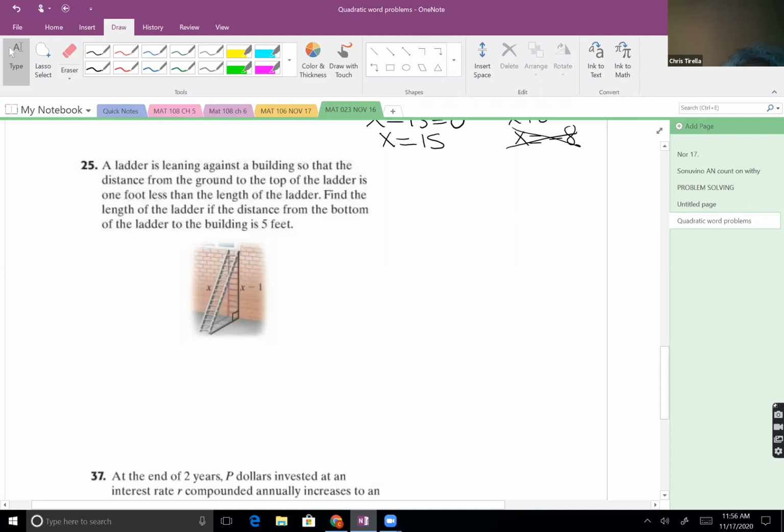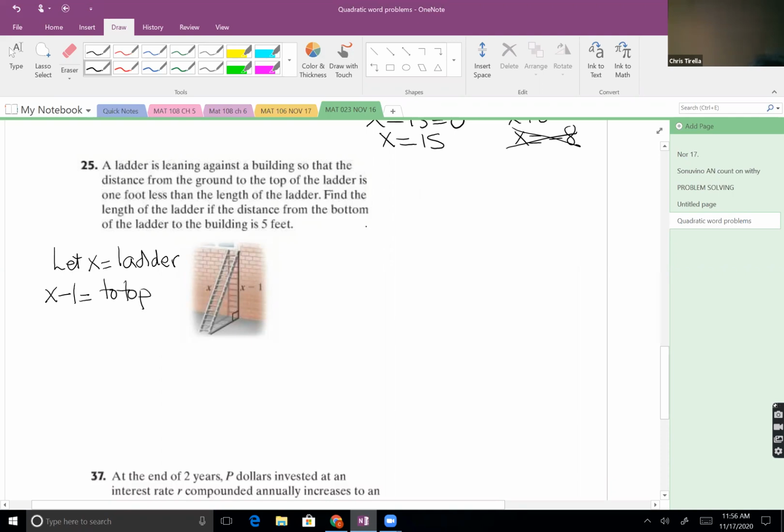And they have this picture drawn for us. Does everybody see that based on their picture, they're letting x equal the ladder, and they're letting x minus 1 be the ground to the top of the ladder?